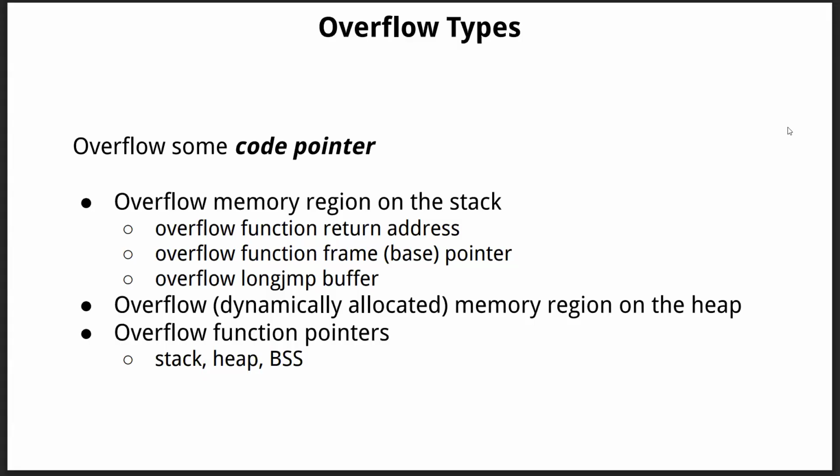And those functions in C++ are stored in something called a virtual table. It is at the beginning of an object. There is a C++ class, right? Then in memory, at the beginning, there is a virtual table. That virtual table has many code pointers. Those are the function pointers for those methods. So there are many function pointers. If you override those, you can also hijack the control flow.